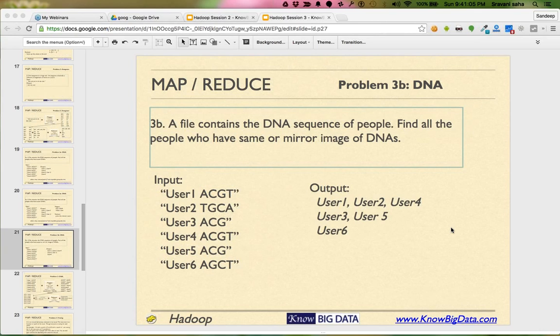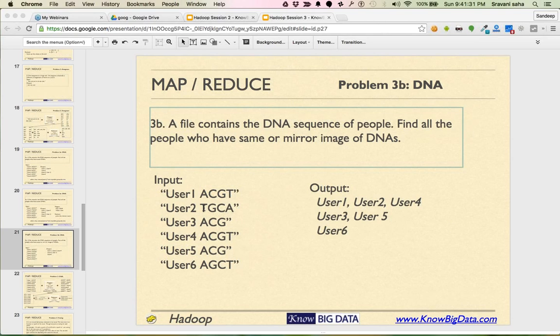All right. So given this file which contains the DNA sequences of people, we have to bring together all those users whose DNA is either the same, meaning identical, or is a mirror image.